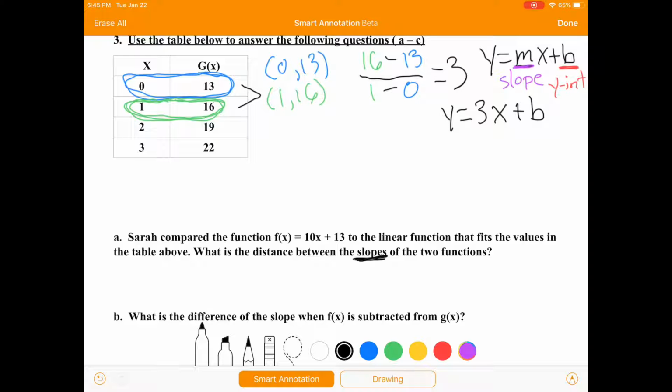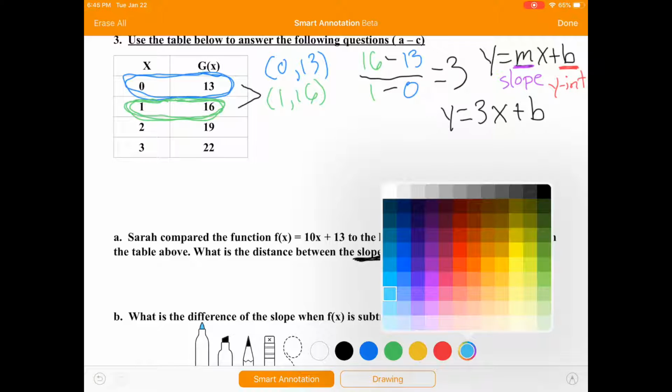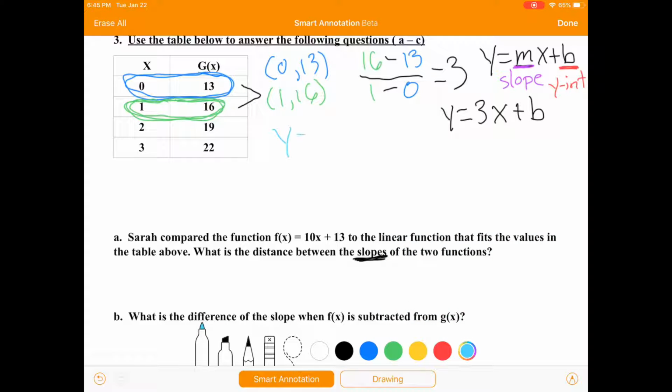But looking at this table, it already tells us what our y-intercept is by one of the ordered pairs. When I say y-intercept, I mean where x is 0, y is a value. So looking at our table, we have where x is 0 what y is going to be. We simply substitute that y value from the table into the function.